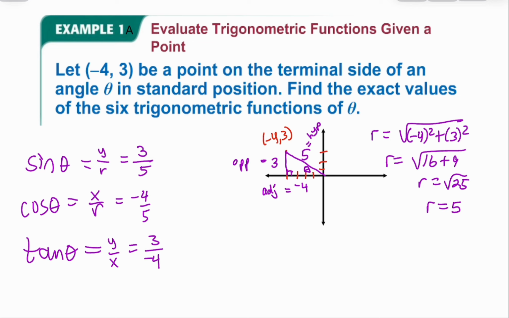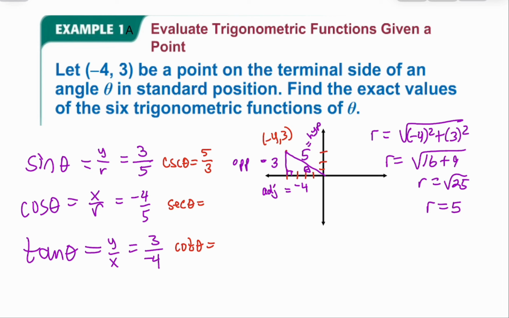Now that we have those, we need to move on and find the other 3 trig functions. So I'm going to write the appropriate reciprocal next to it. So this is cosecant, secant, and cotangent. So just flip over those fractions. So this would be r over y, or 5/3.